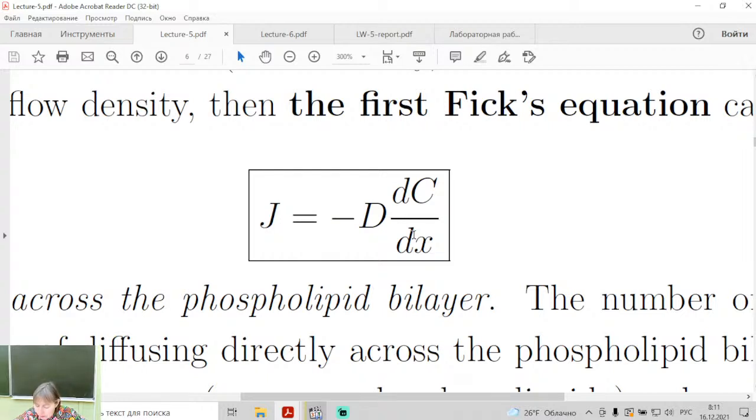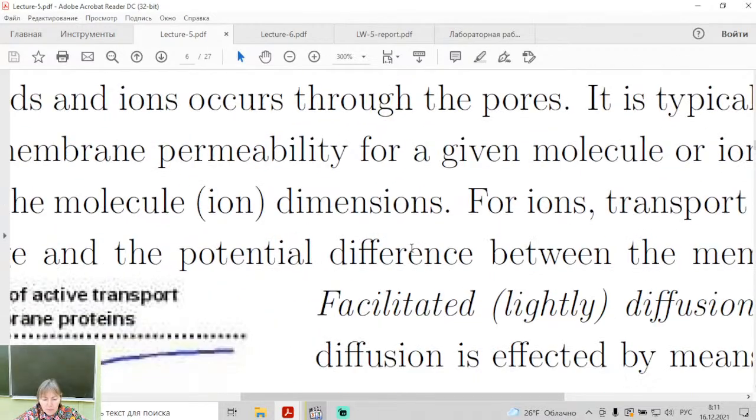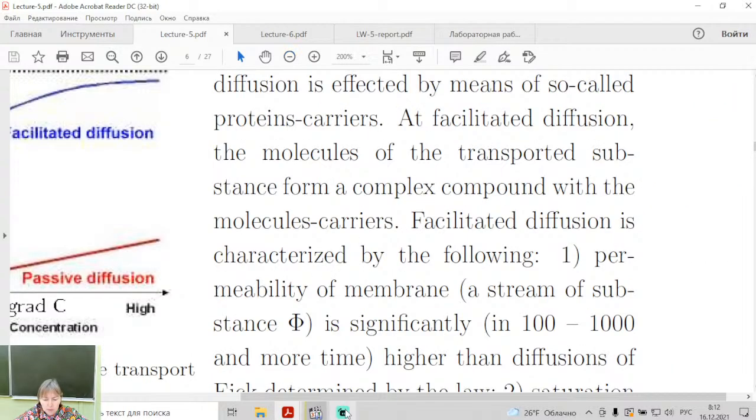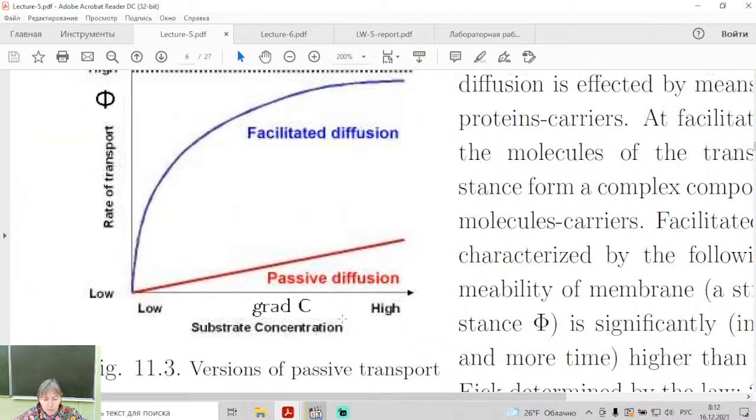Fifth, integrity with streams of ions through a membrane. Electrodiffusion is diffusion of charge. Look at this picture.